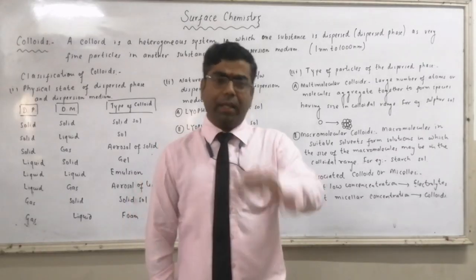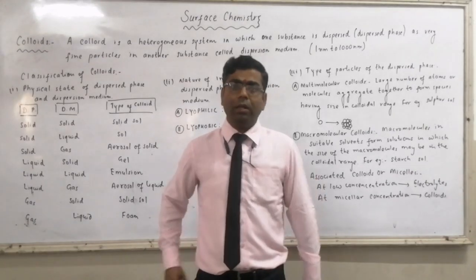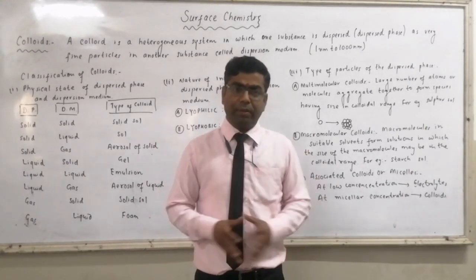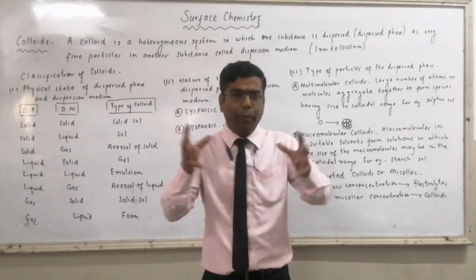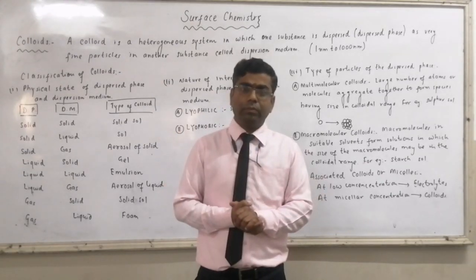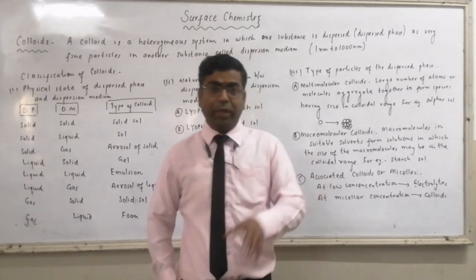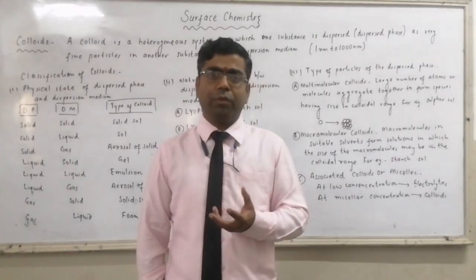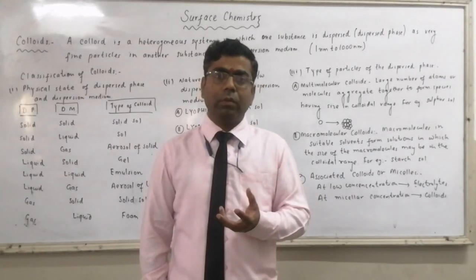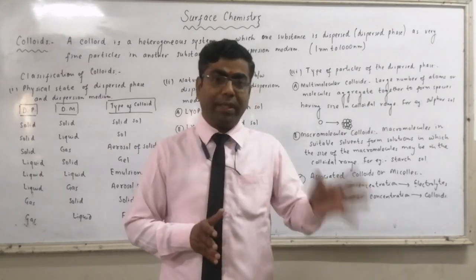But at a particular concentration and a temperature, that concentration is called micellar concentration, they again form groups. They show aggregation, as a result of which they acquire the dimension of a colloidal particle, which ranges between 1 nanometer to 1000 nanometer.